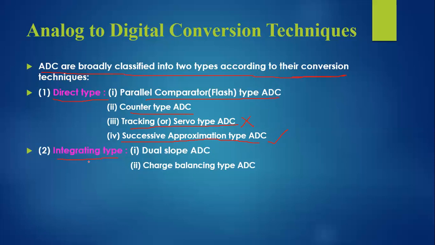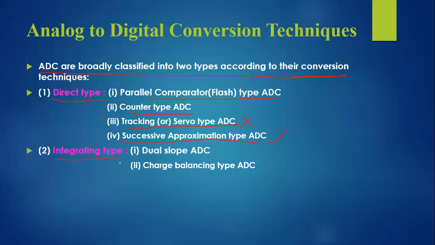Next we have the integrating type A to D converter. This type of A to D converter performs conversion in an indirect manner. That means first it will change the analog input signal to a linear function of either time or frequency, and then to a digital code.